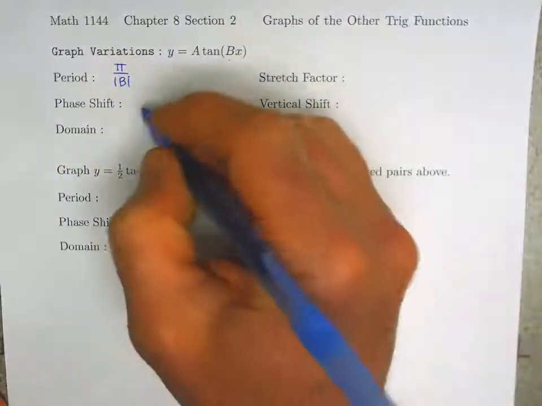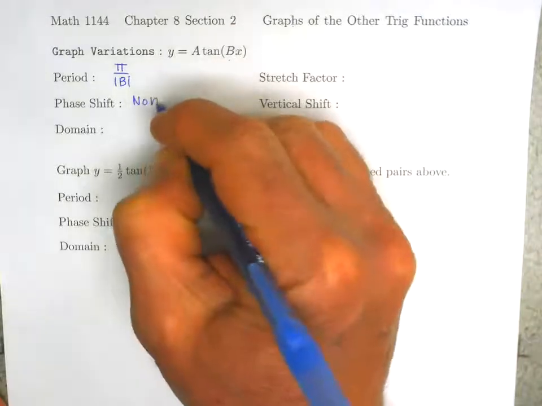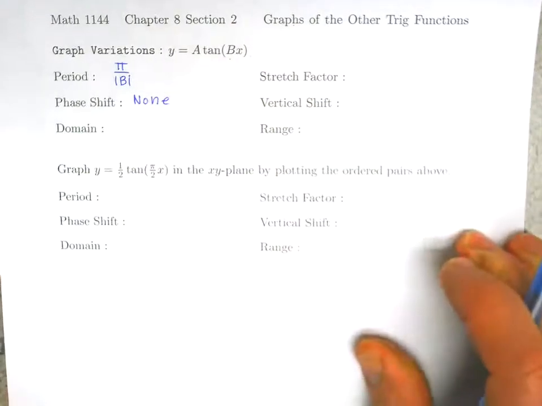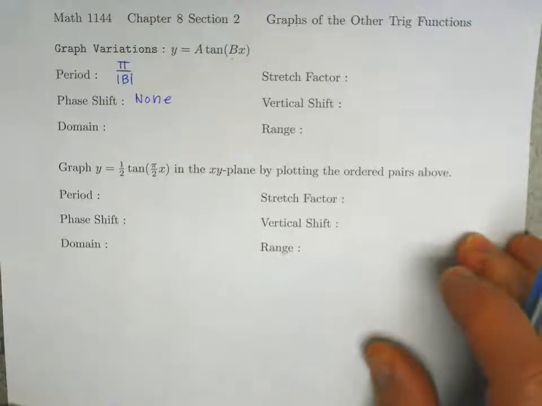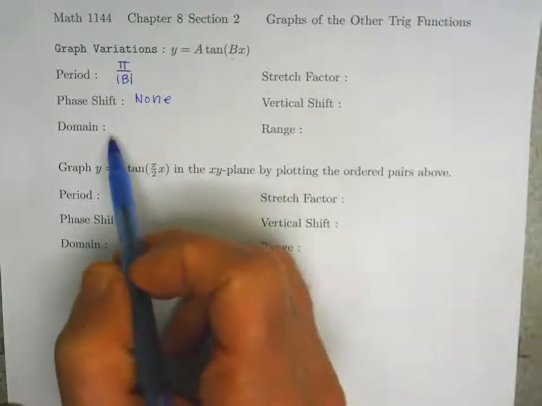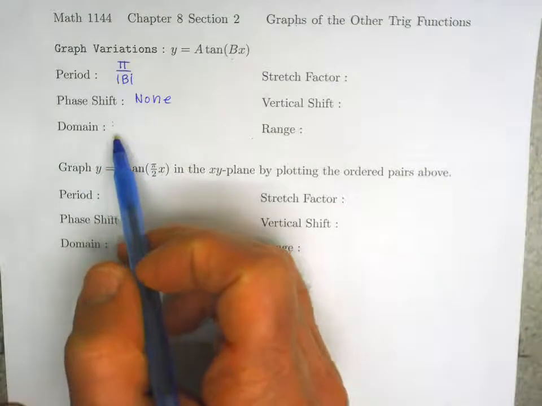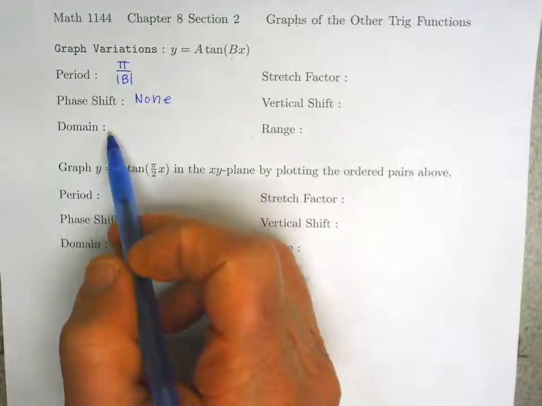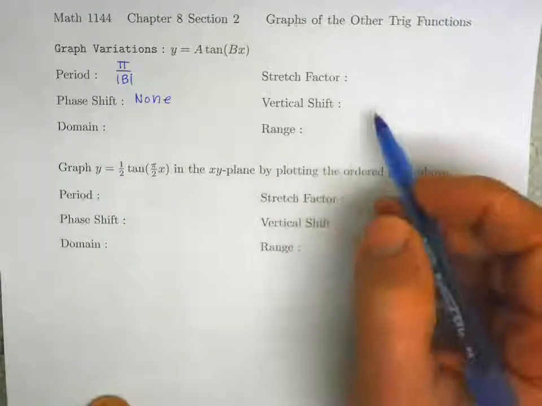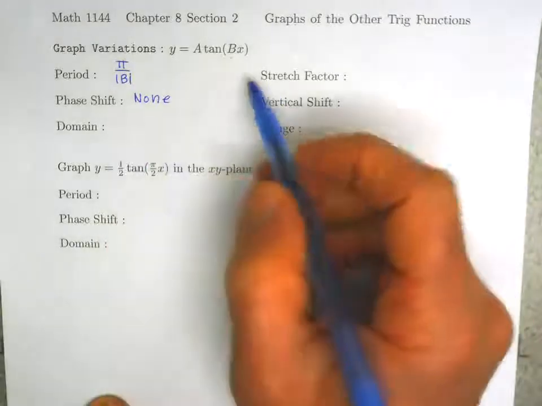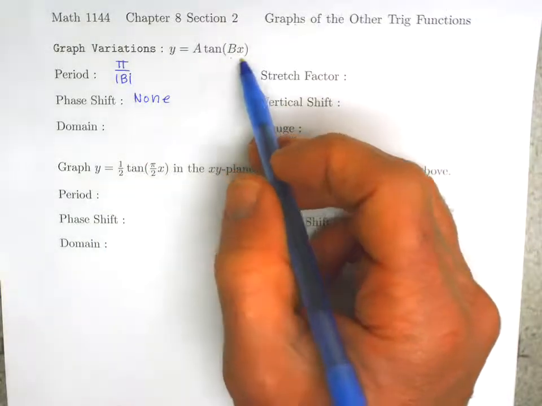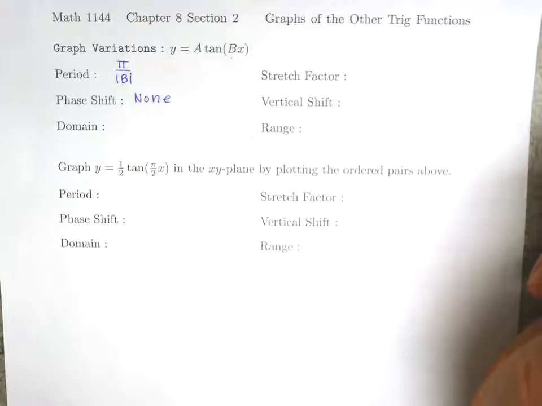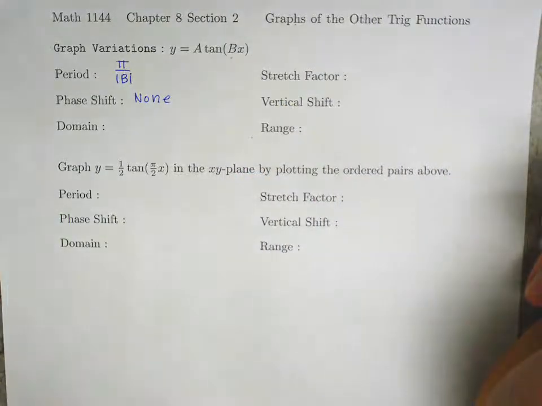This one has no phase shift. The domain is any x value that makes b times x an odd multiple of π/2.